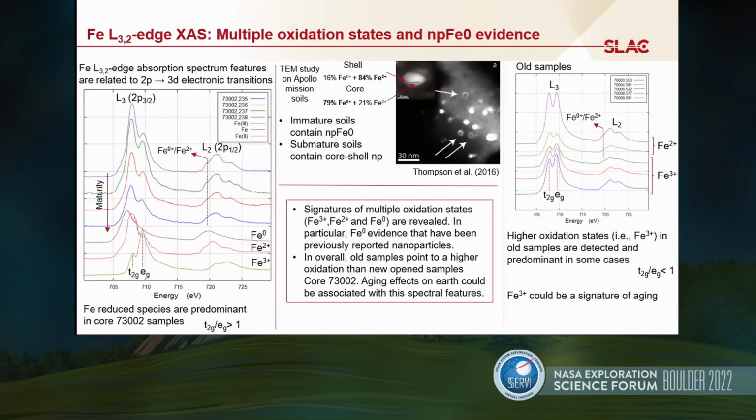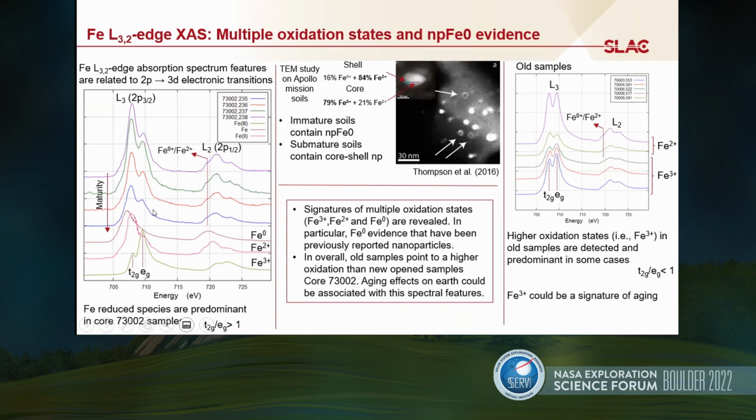I started studying the iron L-edge. Basically, from the iron L-edge, we get information related to the electronic transition from the 2p state to the unoccupied 3d electronic states. Here on the left, we have our results for the 4 samples that we already have.